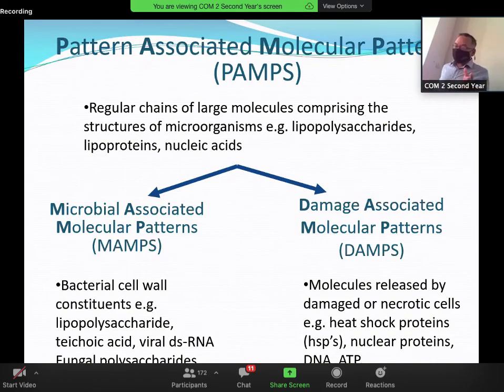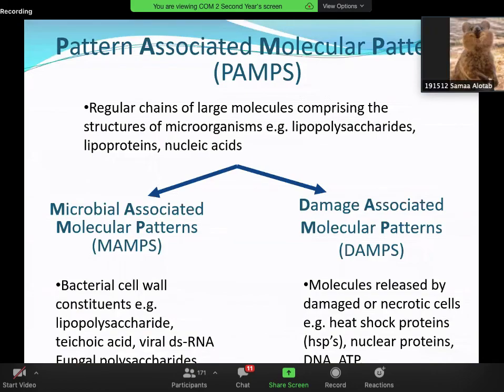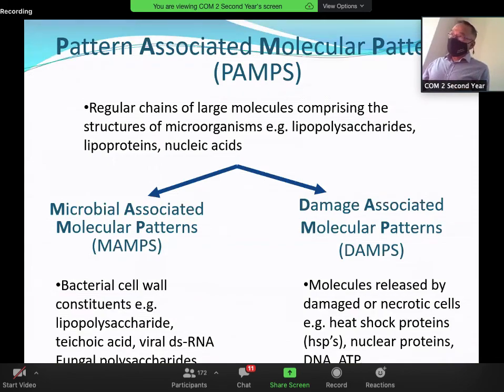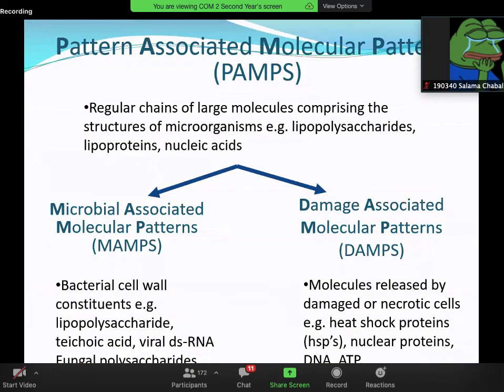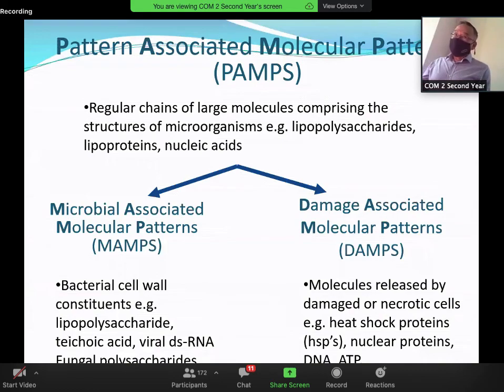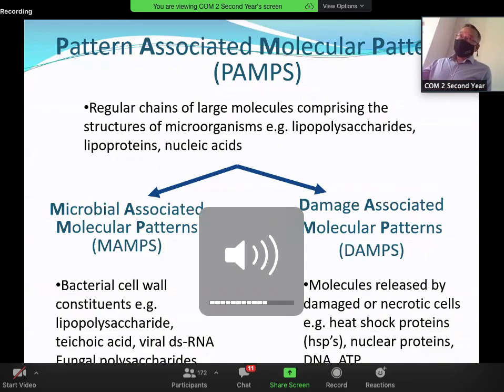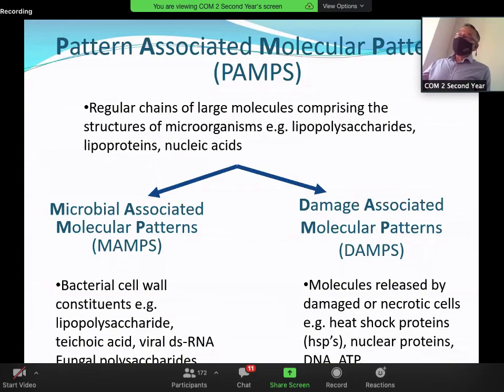The other thing to note is, in keeping with this theme that I'm telling you, that the immune system is also there as a homeostatic mechanism. The other type of antigens recognized by these innate receptors are these so-called damage-associated molecular patterns. And this is pertinent in the description I gave you yesterday when you get sunburn.